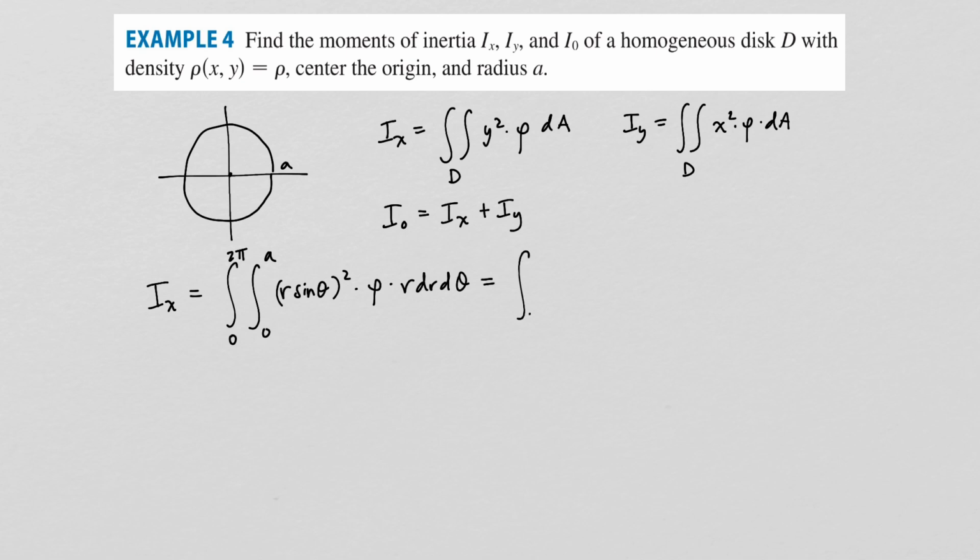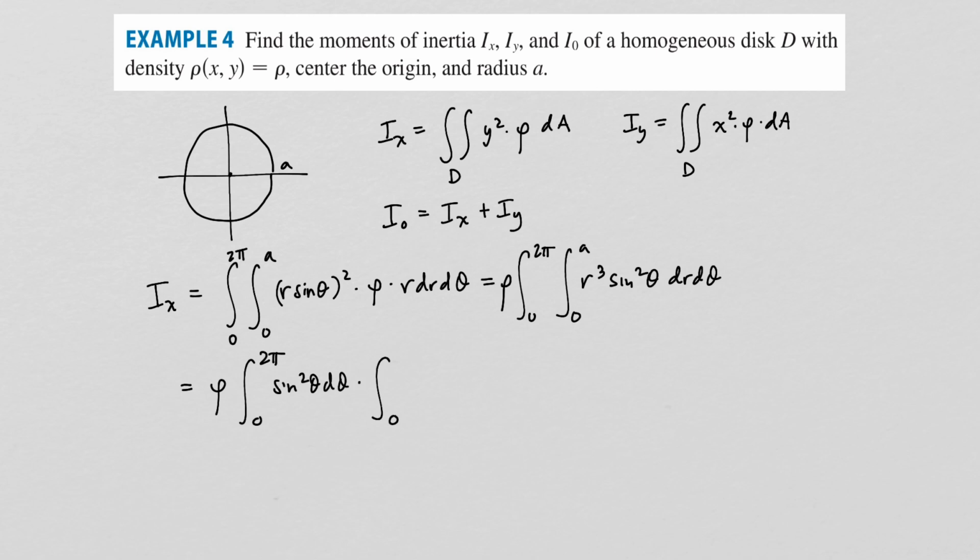And so this becomes the integral from 0 to 2 pi, integral from 0 to a. And then we have r to the third power, sine squared of theta, dr d theta, and the rho is a constant, so I can actually bring the rho all the way out to the front. And we can separate this into two distinct integrals. So the integral of sine squared of theta d theta multiplied by the integral of r cubed dr.